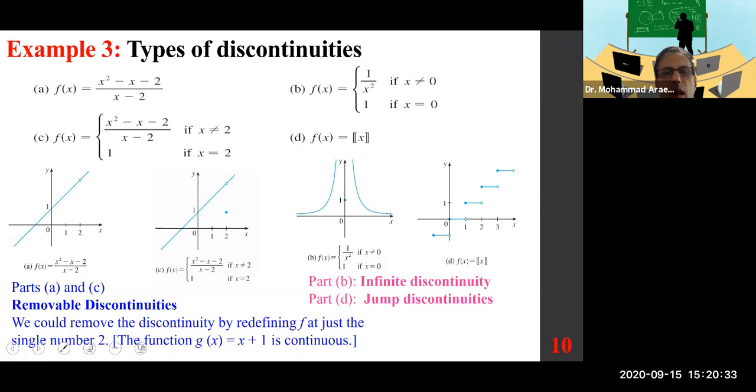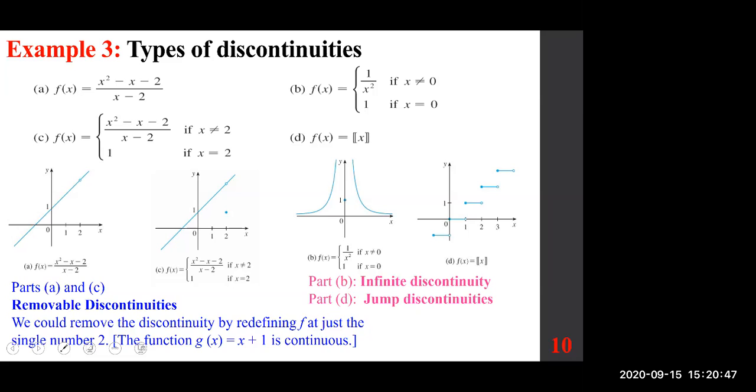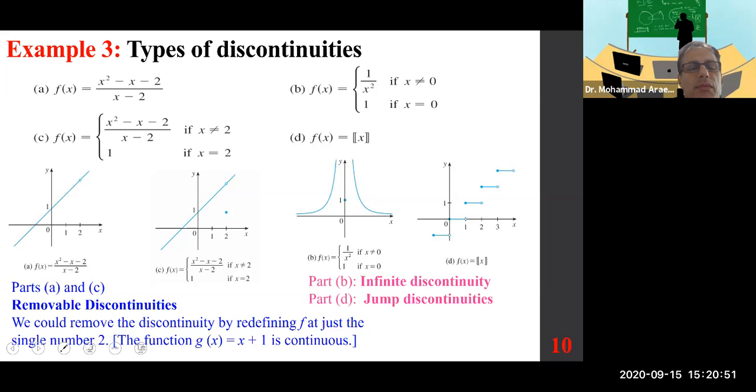All right. There are different types of discontinuities. You're looking at various functions and their graphs, so we are dealing with a number of different functions. We have the graph for the first one, the second one, and so on and so forth. So there are 4 graphs. I want you to pay attention to the graphs.